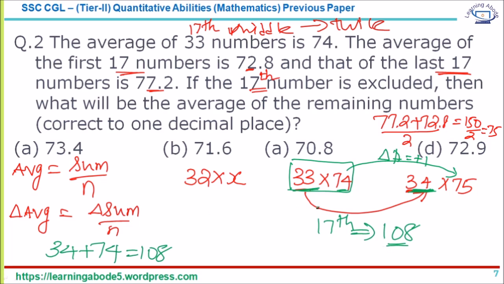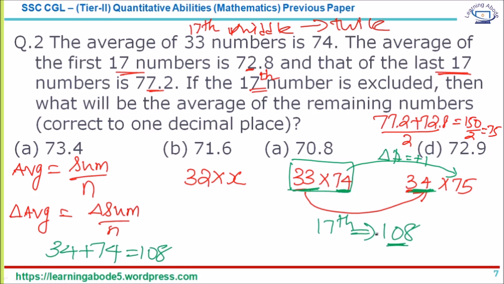Now what I'm saying is, this average of 74 for 33 numbers, you remove the 17th number, which is 108. If you remove 108, what happens for 32 people?